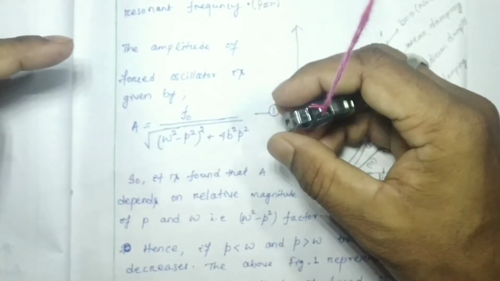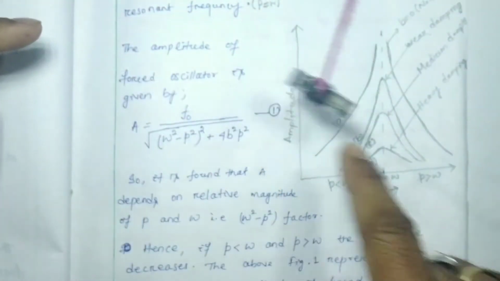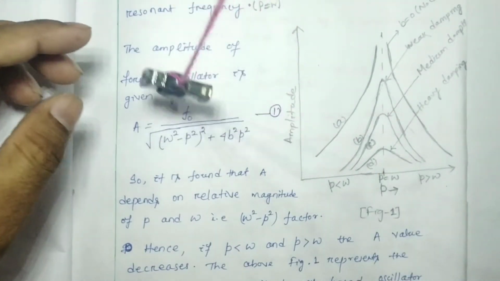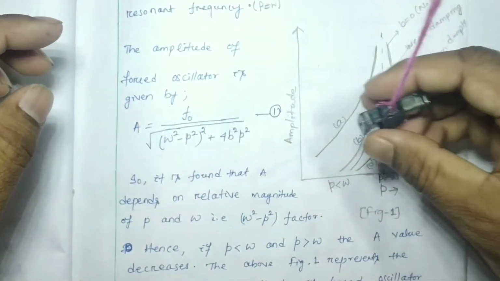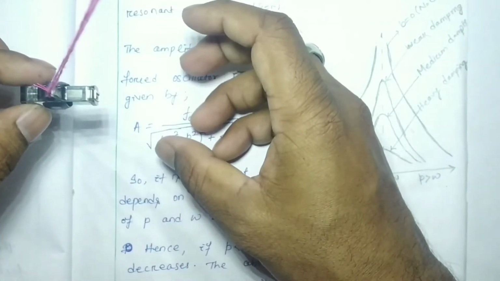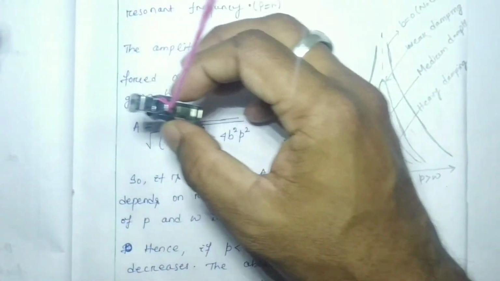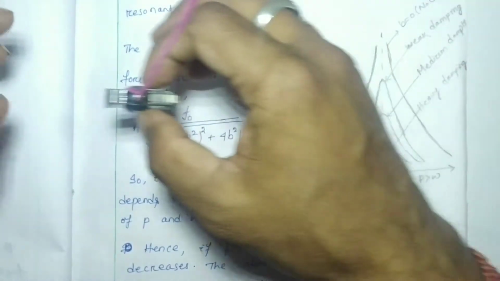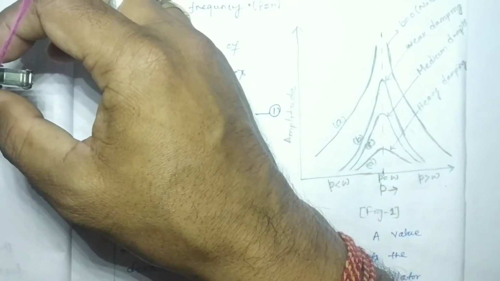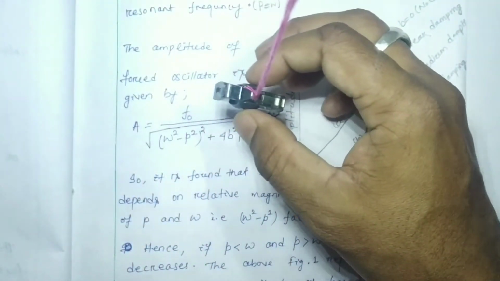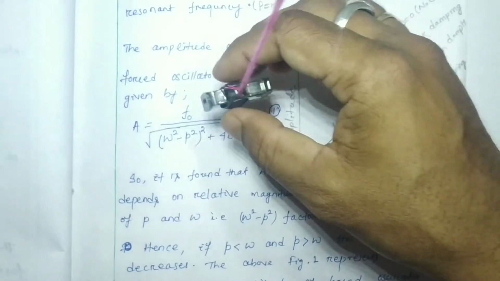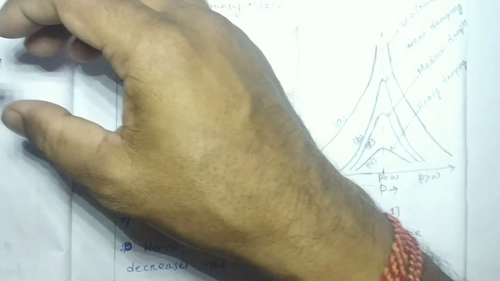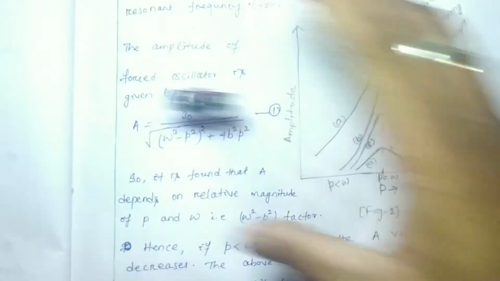Just focus on how fast it comes back, how fast it decreases its amplitude. It starts here and goes to this side, the highest amplitude. How fast it comes back to its original position, if it is air medium, it will be faster. If it is air, then it comes back with this speed, right?